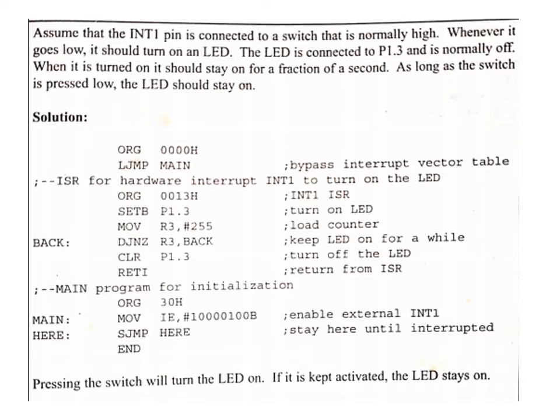In the question it is not mentioned for what duration the LED has to be on. It is given that it has to be on for a fraction of a second. Suppose the time duration was mentioned, then we would have to use a timer interrupt also, but here some random value is chosen. Here the R3 register is loaded with #255.